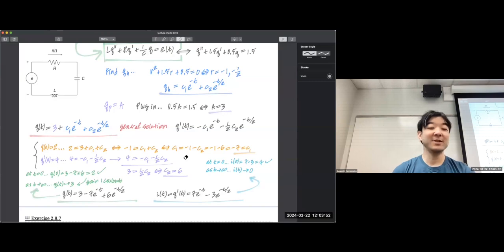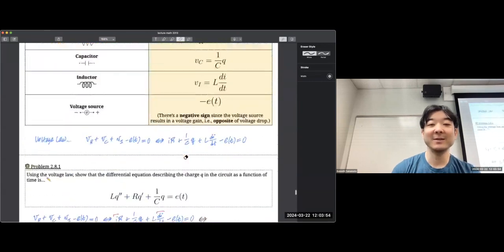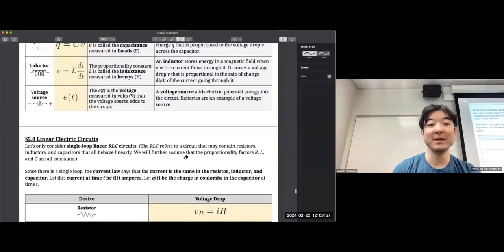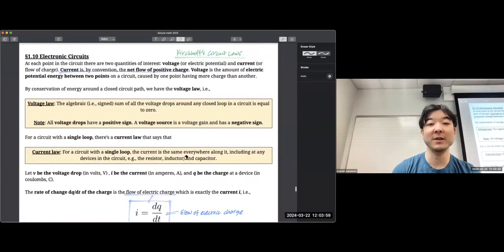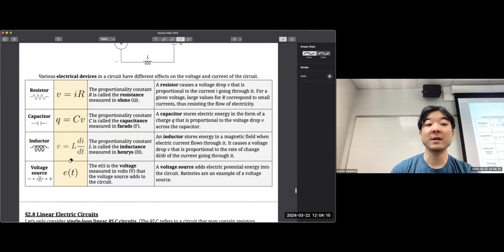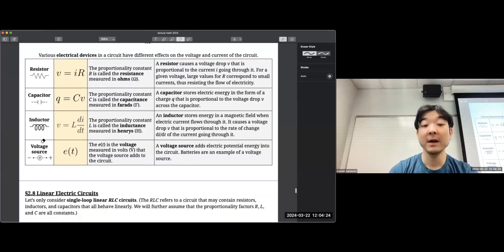So we're gonna finish electrical circuits today. We started it last time. It's actually pretty straightforward enough that we could finish in basically two days. There's a bunch of engineering and physics behind this. The Kirchhoff circuit laws talk about voltage and current laws, with mathematical equations that describe voltage drops at all these devices.